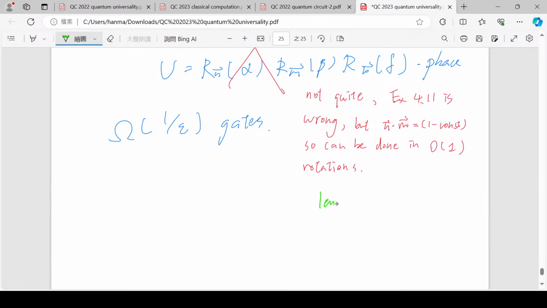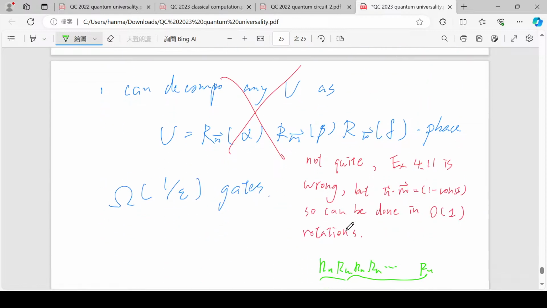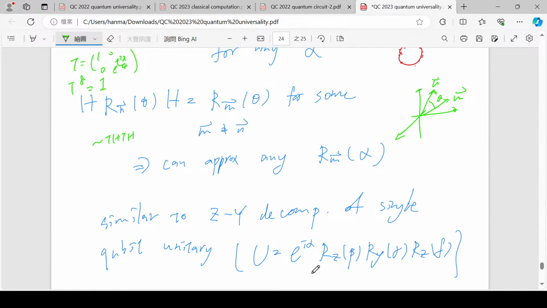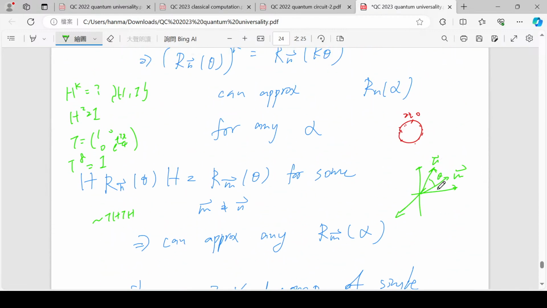You need to do a lot of rotations, Rn, Rm, and the length here is about order 1 over theta. So the smaller the angle is, the longer the sequence you need. For YZ you can do it with only 3 because the angle is the largest possible.